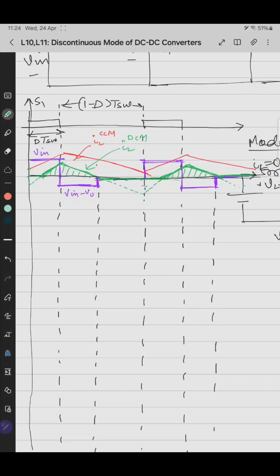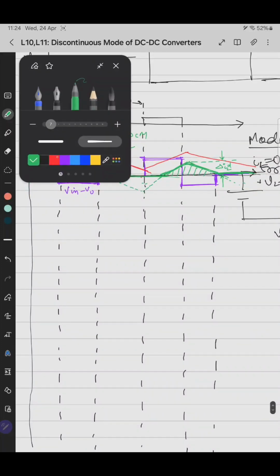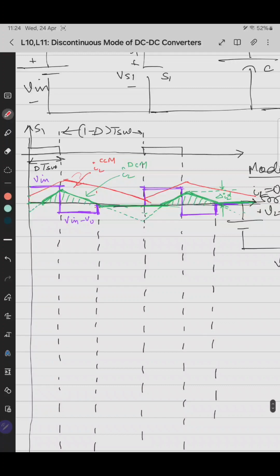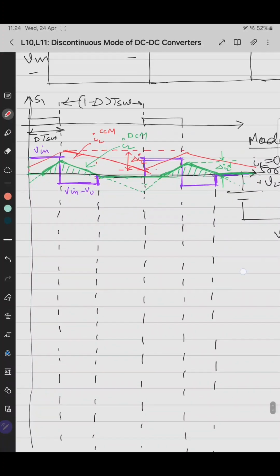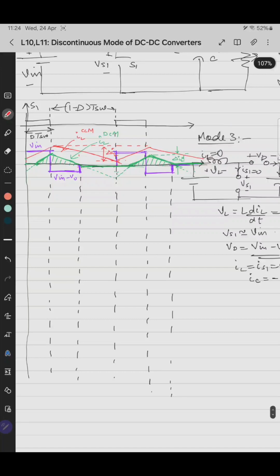In that case, this becomes delta IL of D, and this is delta IL of C, or delta IL. This and this is delta IL.